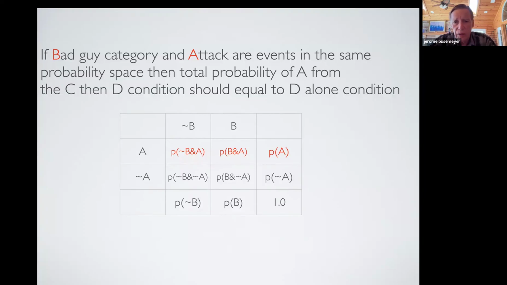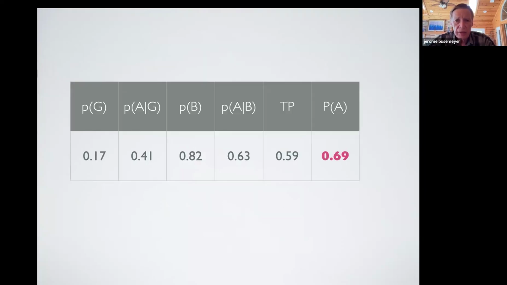That's the law of total probability in Bayesian models. So if all these events are in a common probability space, then we expect the law of total probability to hold. And so we should find the probability of attack is equal to the sum of those two things.